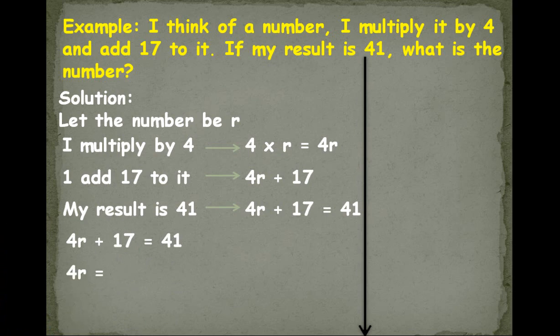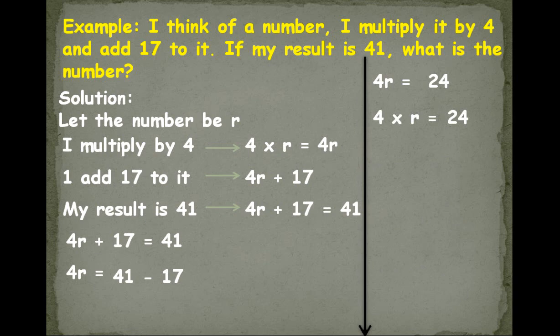Then we have 4R is equal to 41 minus 17, because the box before the plus, you take away. 4R is equal to what now? 24, right? 41 minus 17 gives us 24. Then 4R is the same thing as 4 times R, which is equal to 24.